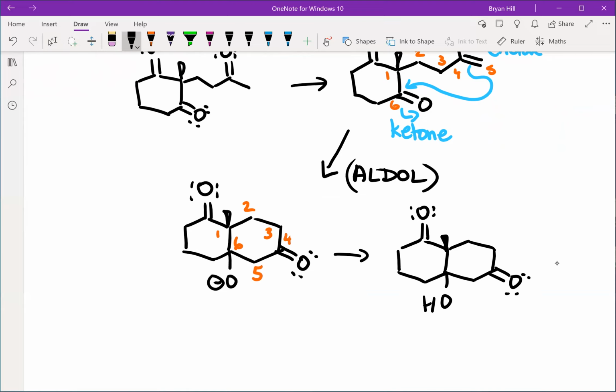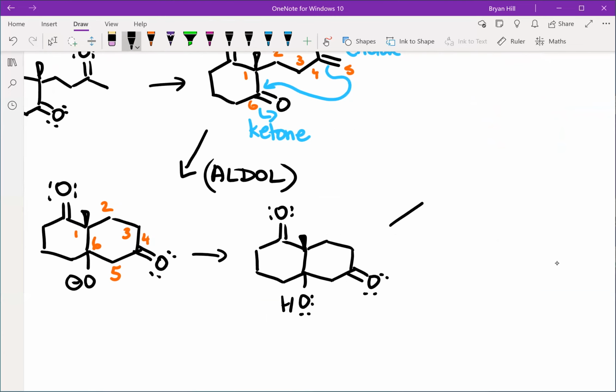There was another thing which happened too, if you weren't careful and you just left this going over time, and that is that you can lose water. It can be dehydrated through the E1CB mechanism. And this generates this ketone here.